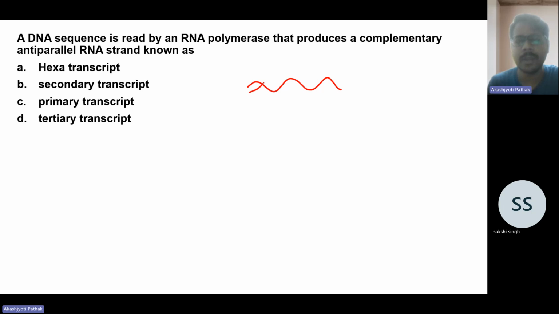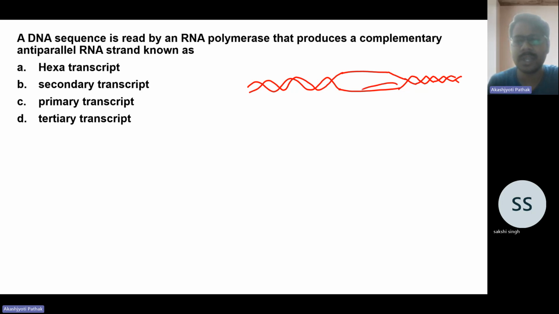What will happen during transcription? A small region of the DNA will open up, right? Then RNA polymerase will act on the template strand, and a complementary RNA strand will be synthesized.